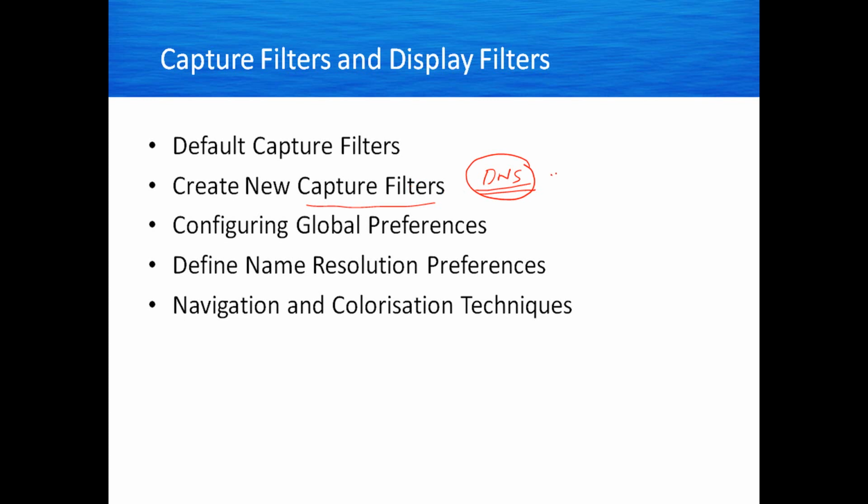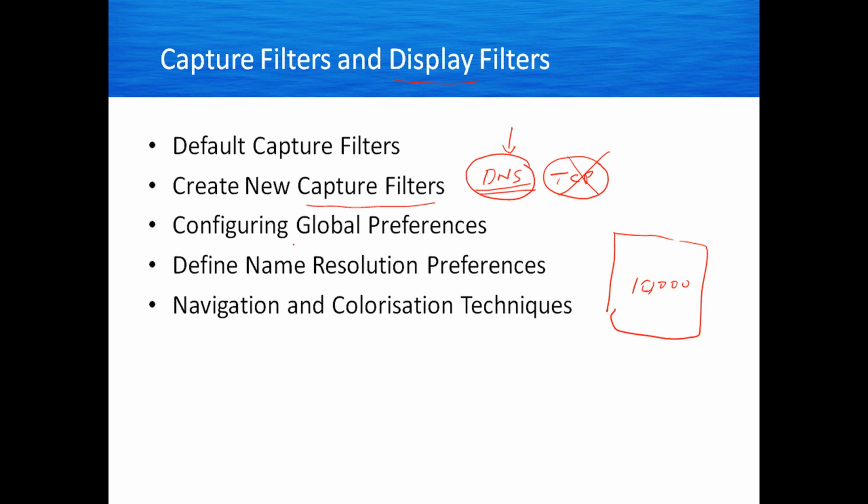But the downside is, later if you want the TCP communication or any other packets or the application packets, you will not be able to get them out of this. Whereas the display filter is totally different. When you capture the entire traffic, maybe you have 6,000 or 10,000 packets here. Out of these 10,000 packets, if you want to filter DNS, then the display filter will help you out. So it is better to always use display filters than capture filters.